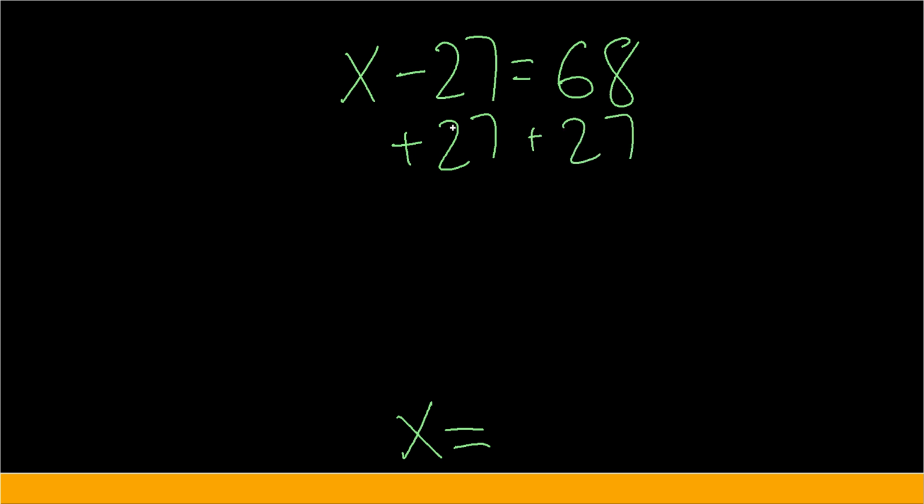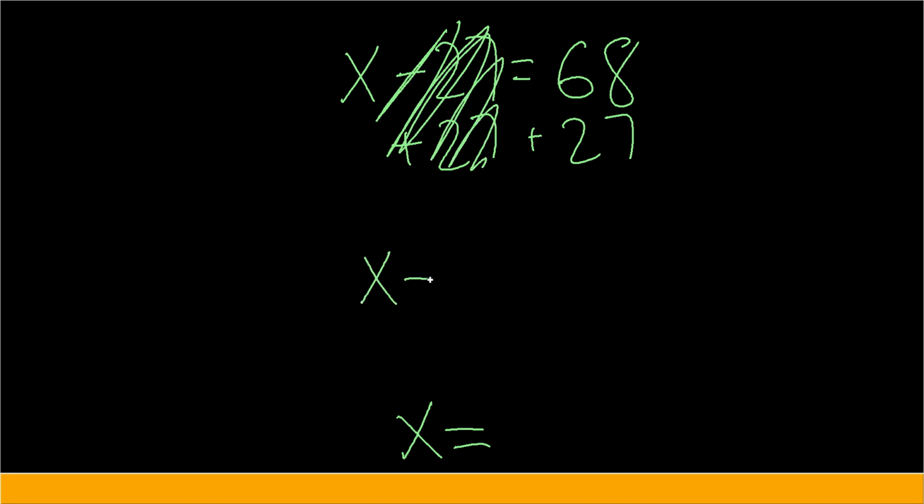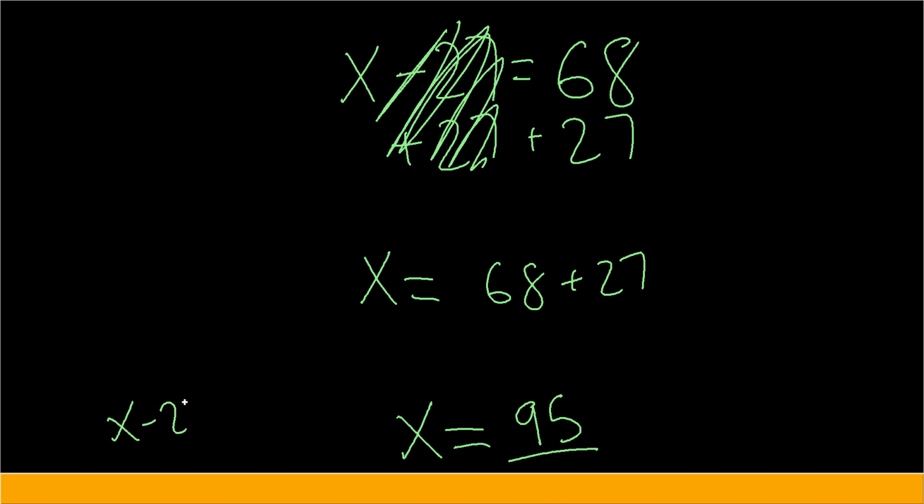So minus 27 plus 27 is a 0, cancels out. So x equals 68 plus 27. Right, and that is going to be a 95. So when we have x minus 27 equals 68, x equals 95. And we're done.